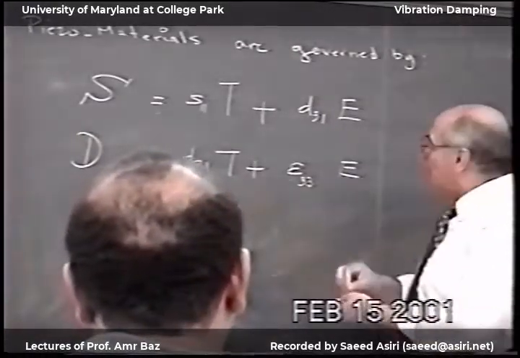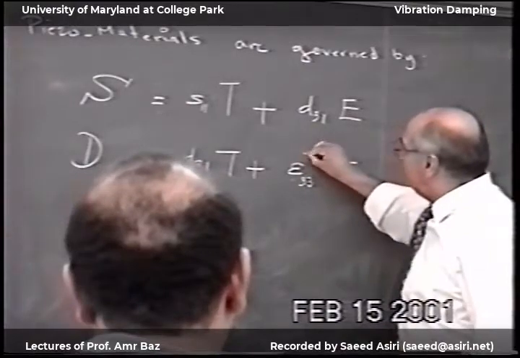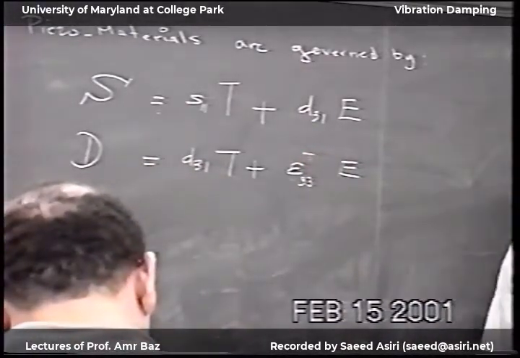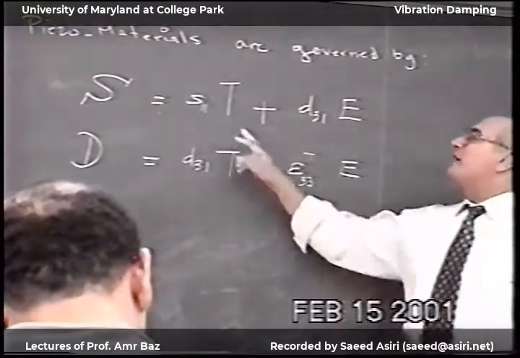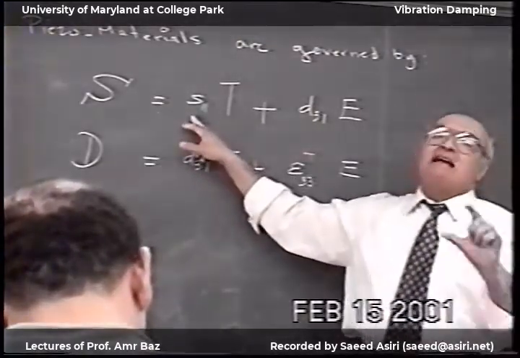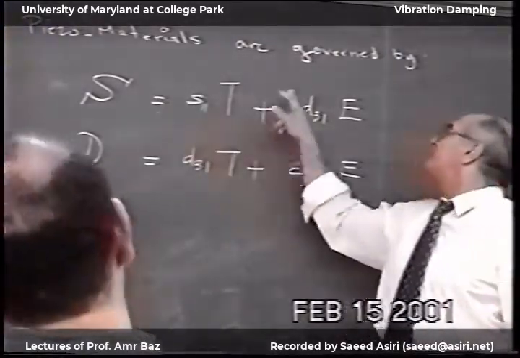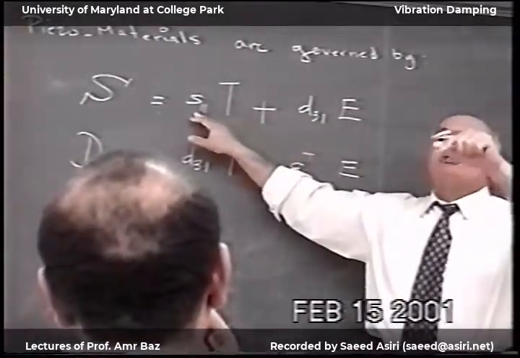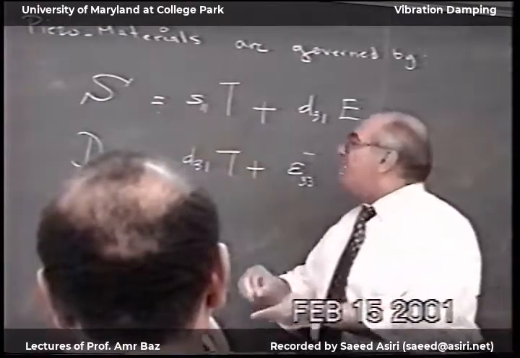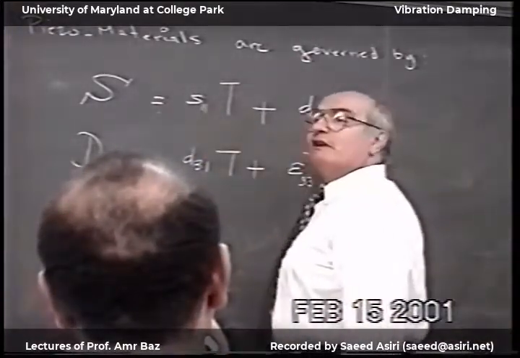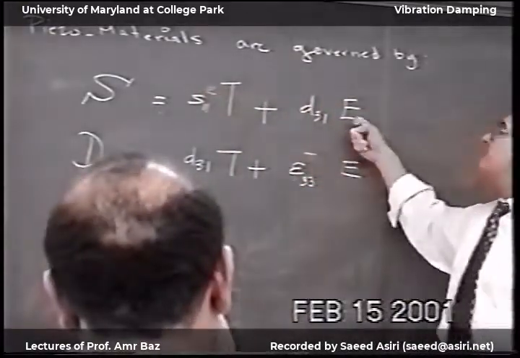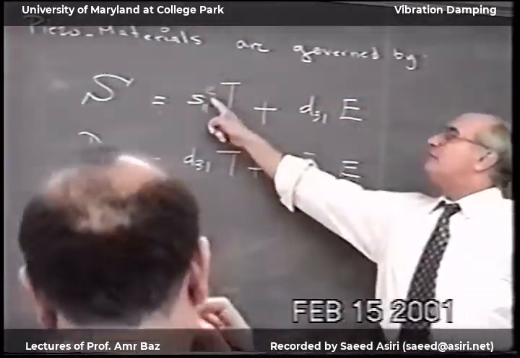So I can also put on top of this T, when T is 0. When I look at the properties of the material as a mechanical material that does not have electric voltage on it, I can get the reciprocal of Young's modulus at 0 current, or at 0 voltage. So this will be like this.